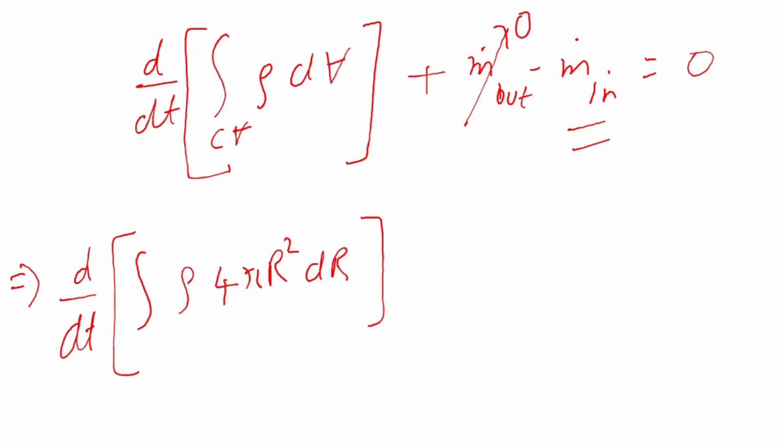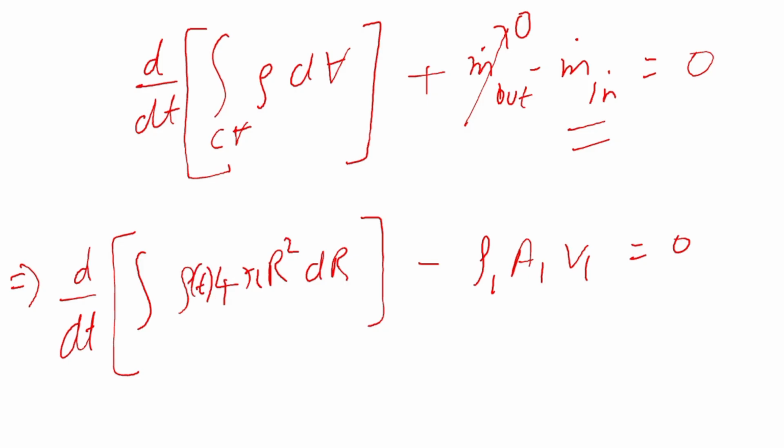That should be straightforward, and then the m dot in is nothing but rho 1 a1 v1, which you know about. If you go ahead and integrate this, rho is a function of time.